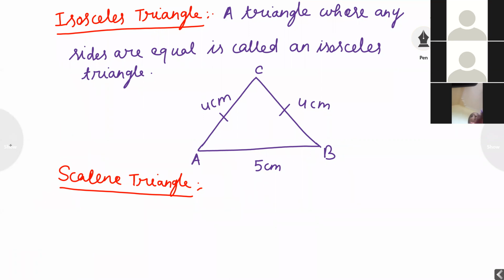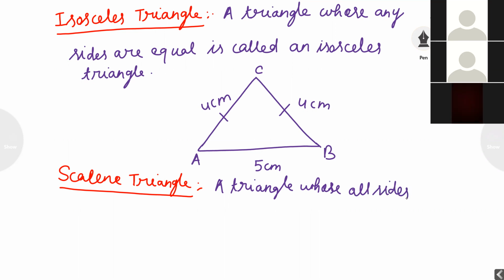A triangle whose all sides are of different length is called scalene triangle.